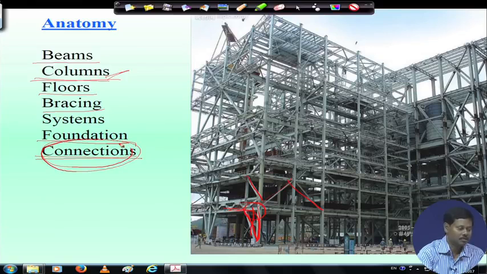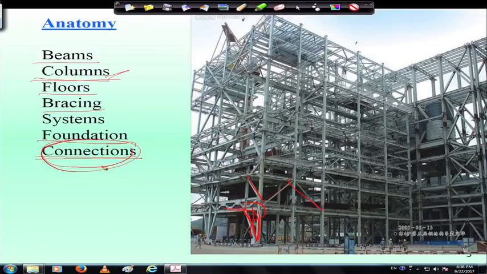I would recommend that when we are going to design an entire system, we have to specially look at the connections and design them properly, so that load is transferred from one member to another member properly. Sometimes moment also has to be transferred, sometimes only axial force. So, on the basis of the requirement, we have to decide what type of connections we will go for.